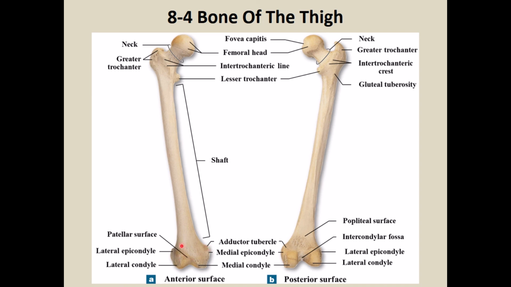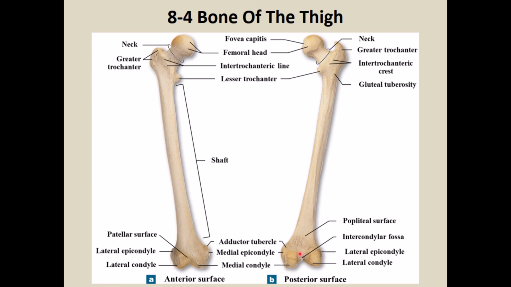So for the distal part, it is difficult to know what is the posterior view. So this is the best way to know the posterior view. The space between these two condyles is called the intercondylar fossa. This is the best way to know this is the posterior view of the femur. Otherwise, it's not easy.